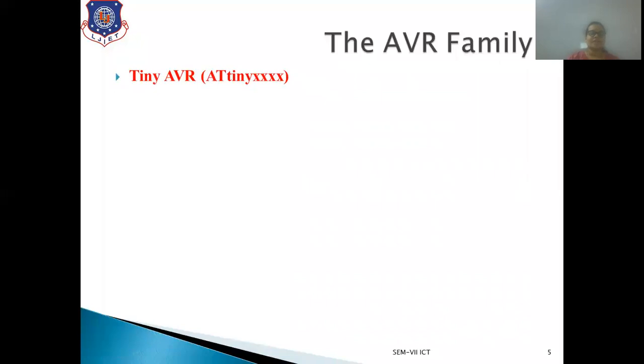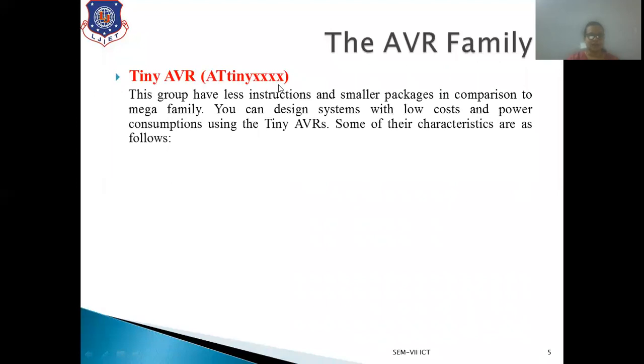Now, the third type of AVR is the tiny AVR. It is defined as AT tiny 4X, where 4X defines the series number. The characteristics are that this group has fewer instructions and smaller packages in comparison to the mega family. You can design systems with low cost and power consumption using the tiny AVR.